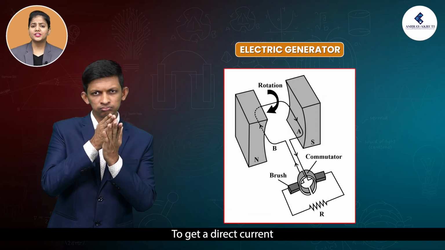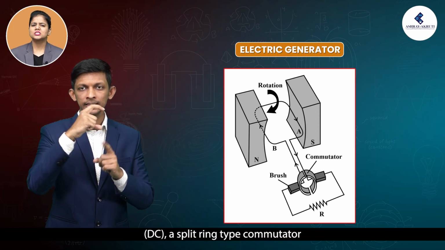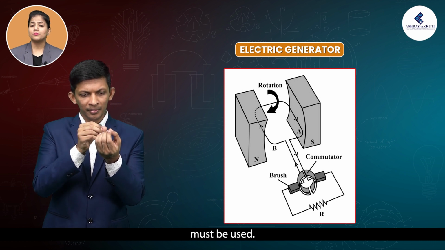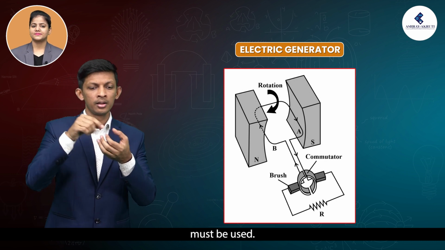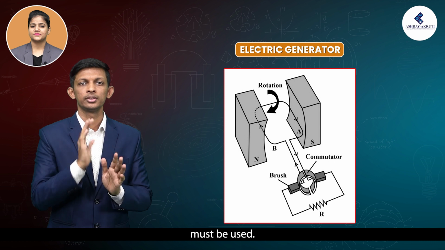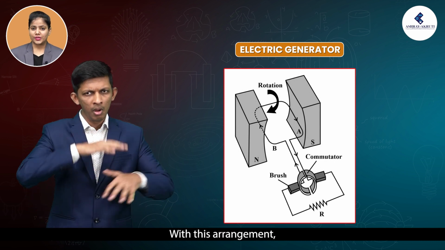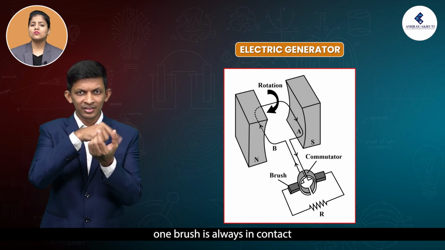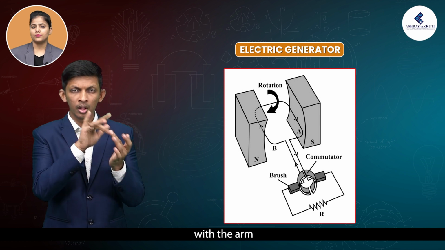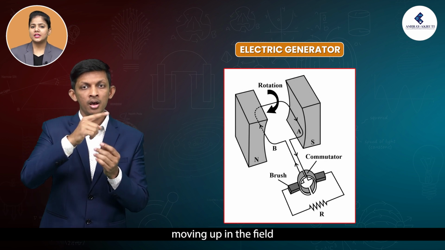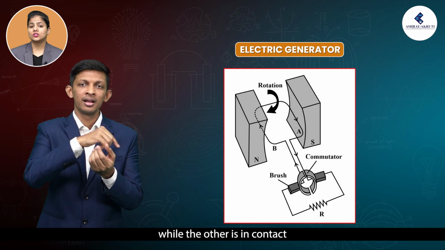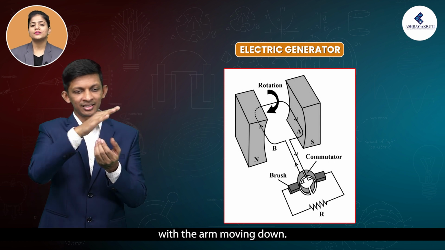To get a direct current DC, a split ring type commutator must be used. With this arrangement, one brush is always in contact with the arm moving up in the field, while the other is in contact with the arm moving down.